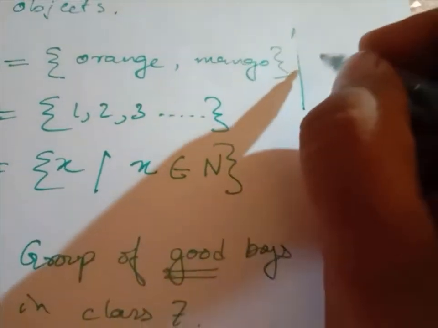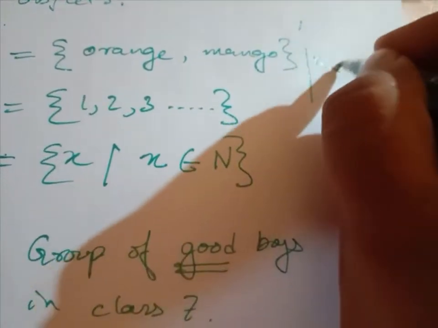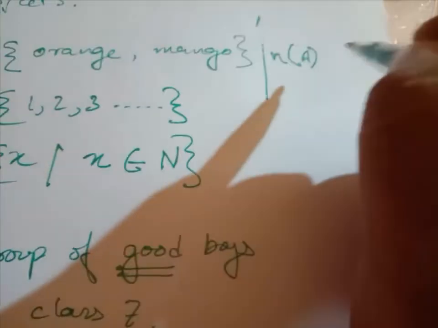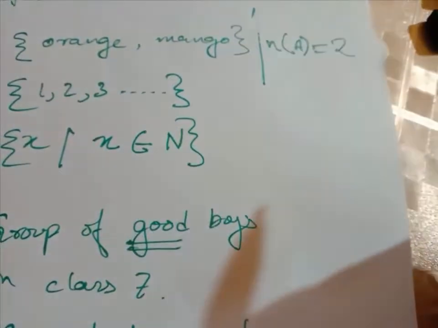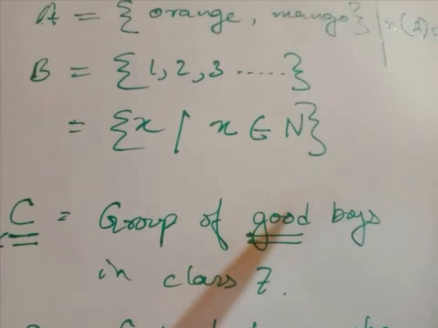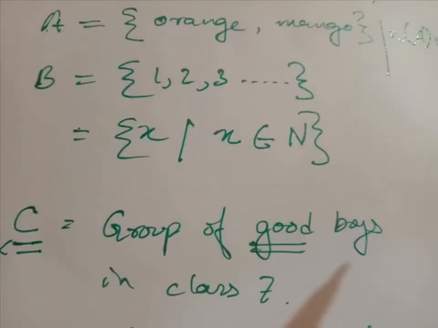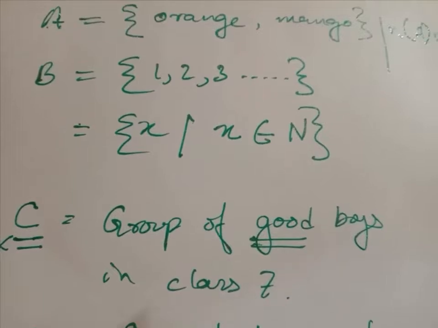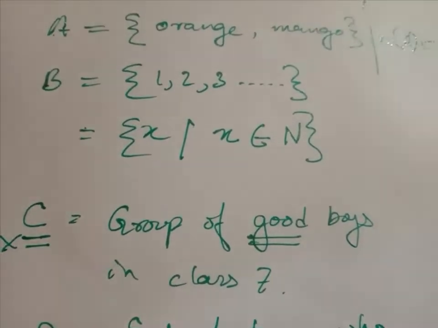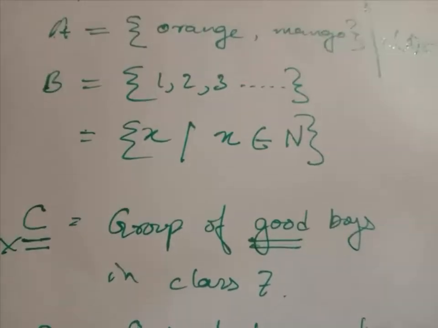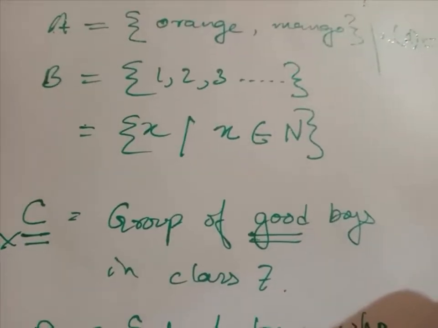So we can write cardinality of set A, that means number of elements of set A, equal to 2. But look at set B. Can you count how many elements are there in set B? No, we cannot, because there are an infinite number of natural numbers.